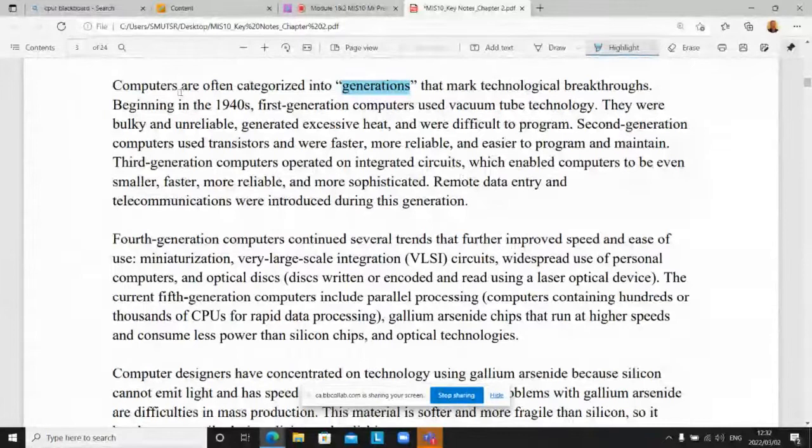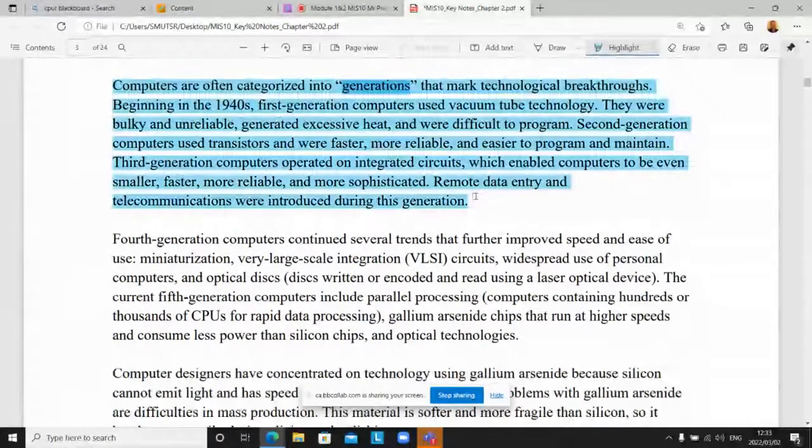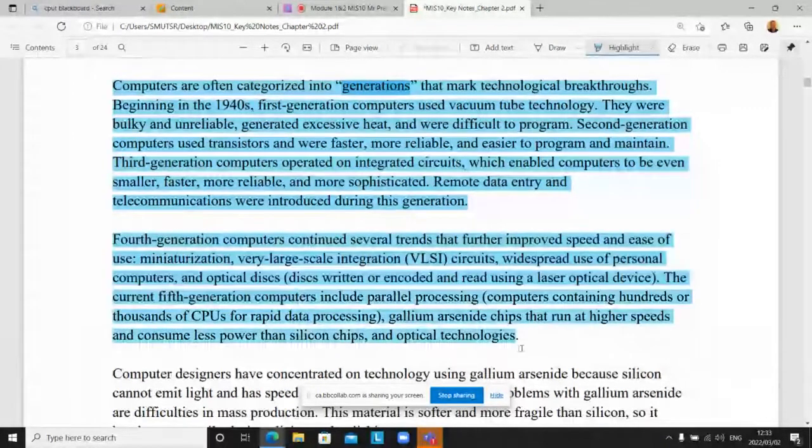I recommend you read that entire paragraph. Computers got smaller and smaller, and as they got smaller, they were called part of a new generation. Up to 4th generation computers. So generation 1, generation 2, generation 3, and generation 4.